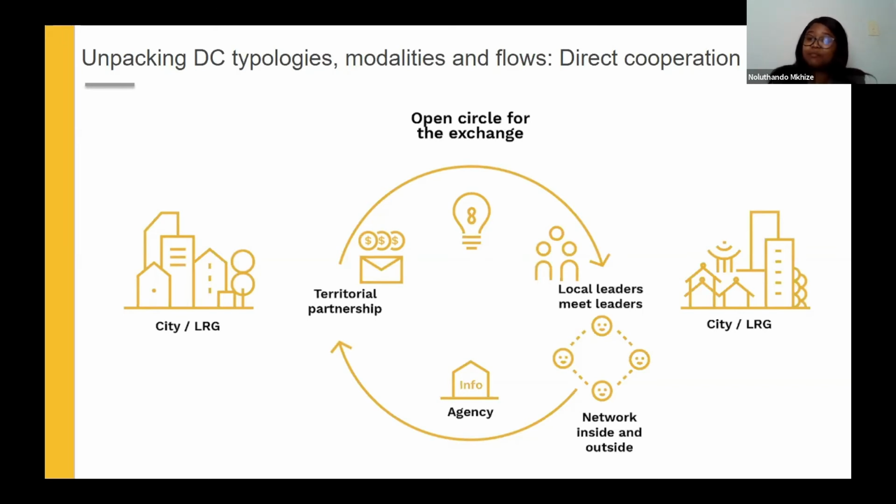This modality emerged as a way to support decentralized cooperation. And this modality provides training, exchanges, as well as advocacy to create enabling environments for local and regional governments. Next slide, please.